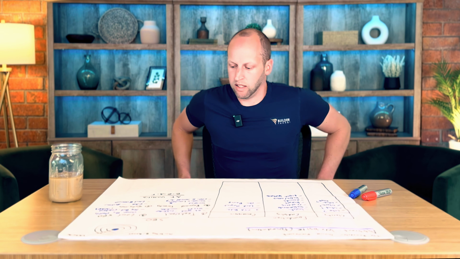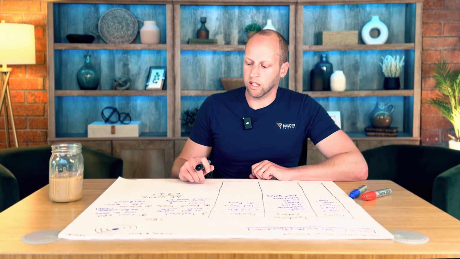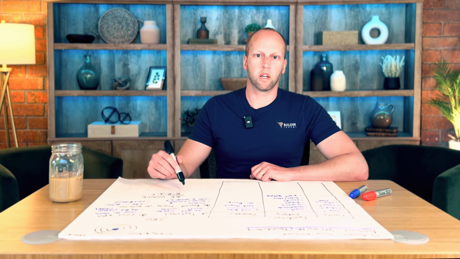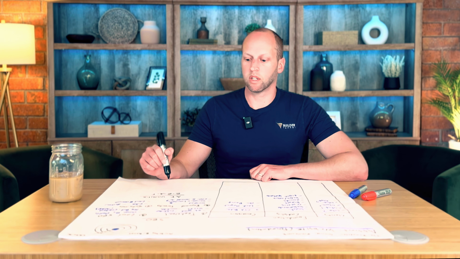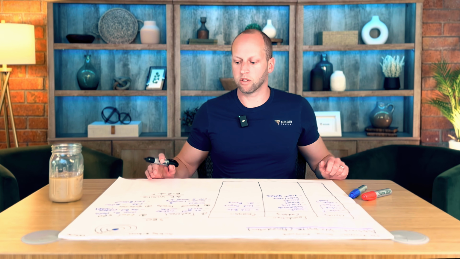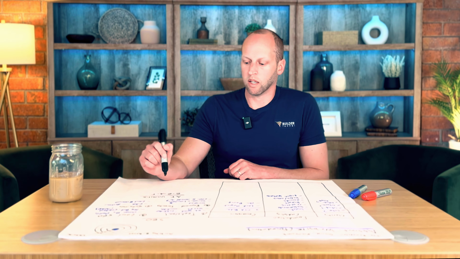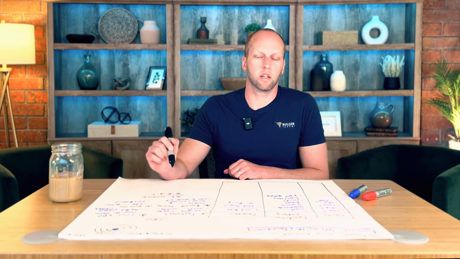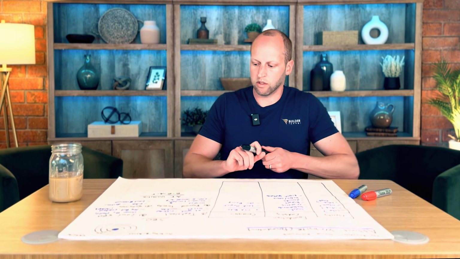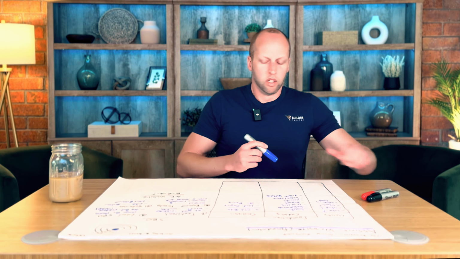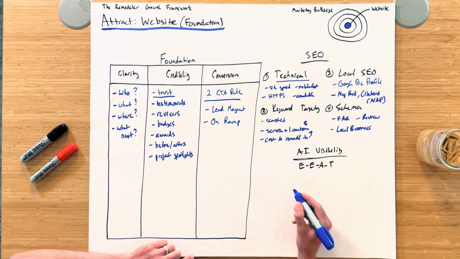And so it's EAT, E-E-A-T. And if you've been following this framework and methodology and implementing it for your business for the past several years, you're probably starting to see that you're getting some early wins in AI visibility and you're already starting to show up. But the way this translates is the first E is experience.